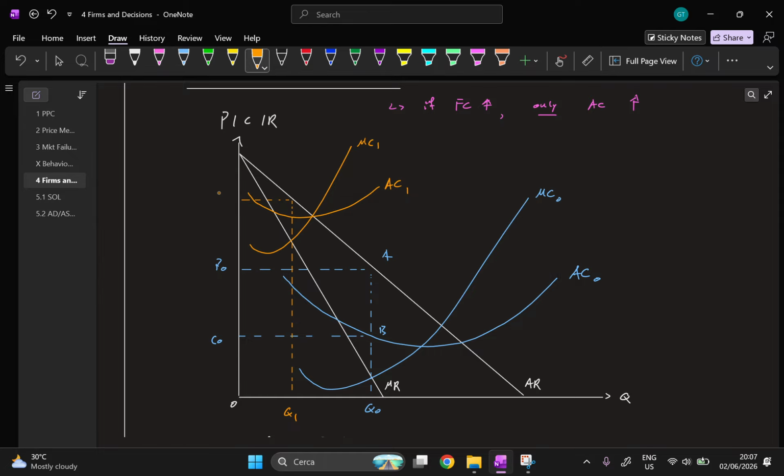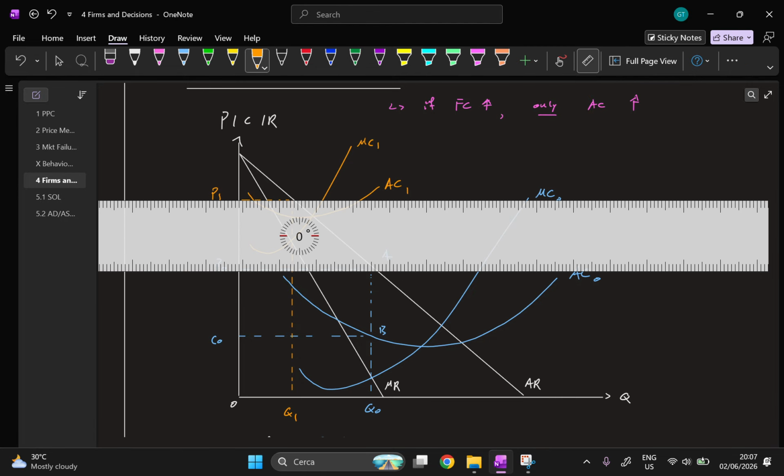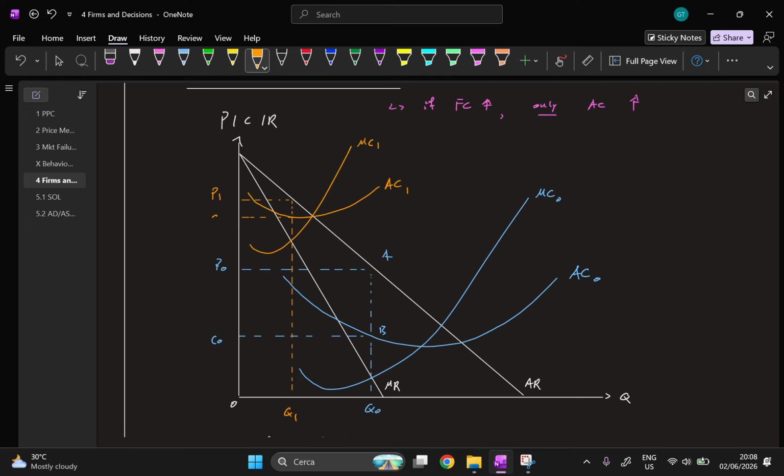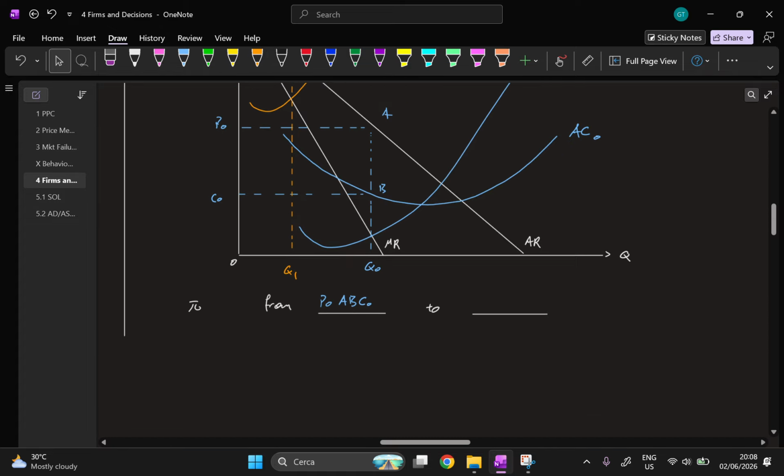I get my new price P1. Then at the point where this orange dotted line intersects the AC, I go left, and I get my new cost, C1. So my new profit is going to be this orange shaded area, P1 D E C1.